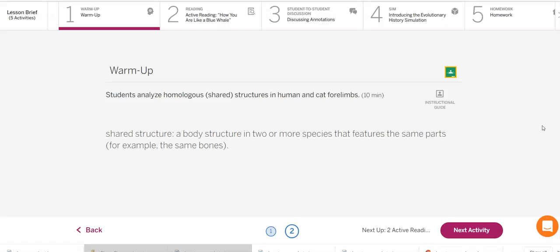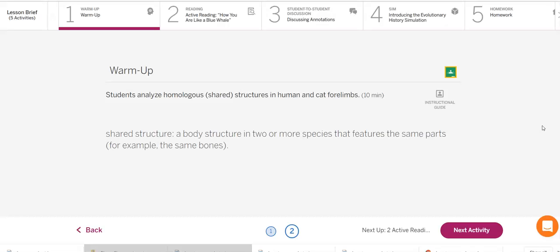They both walk on all 4s. Their backs go horizontal, while ours go vertical. Maybe they have similar vertebrae, maybe their paws look the same. So these are shared structures, a body structure in two or more species that features the same parts.